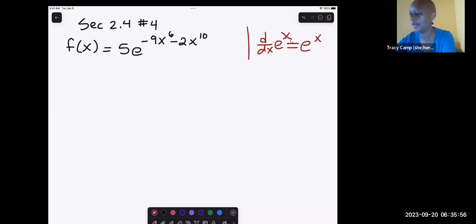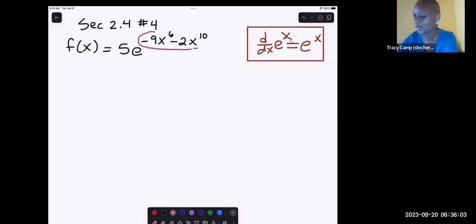But again, we don't have just an e to the x, we have e to a whole bunch of other stuff. And so the chain rule tells us that we're going to have to multiply by the derivative of all that other stuff. So let's go ahead and find our derivative.